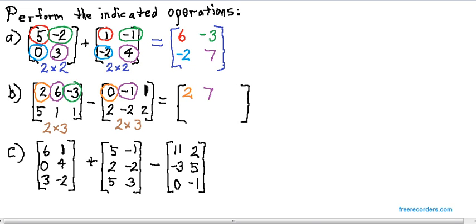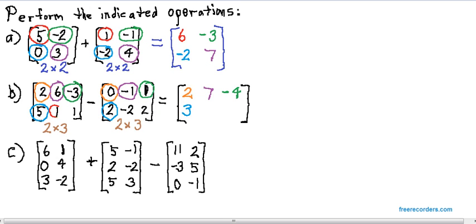In the upper right, you have -3 minus 1. You can do it on your calculator if you forgot how to subtract with negative numbers. -3 minus 1 is -4. In the lower left, 5 minus 2, a first grade problem, 3.